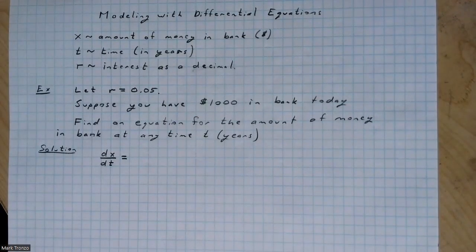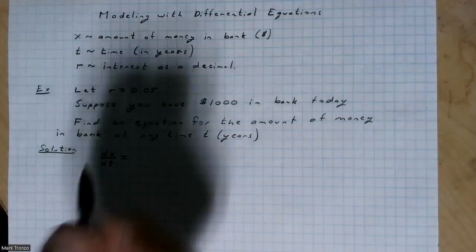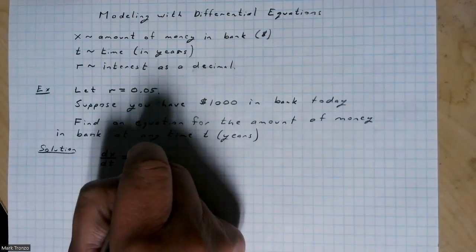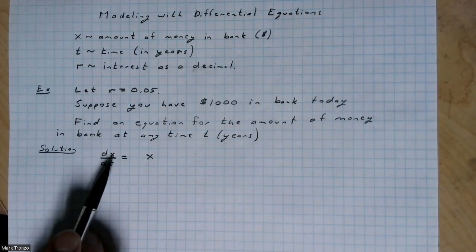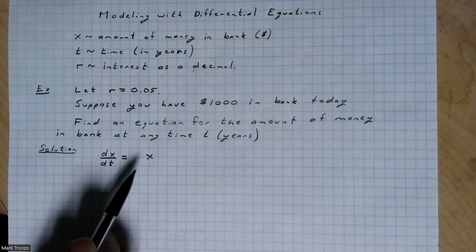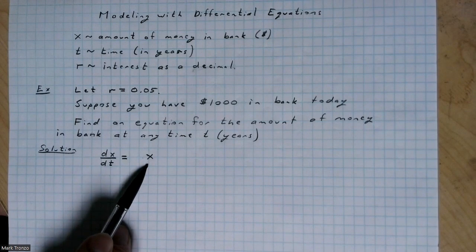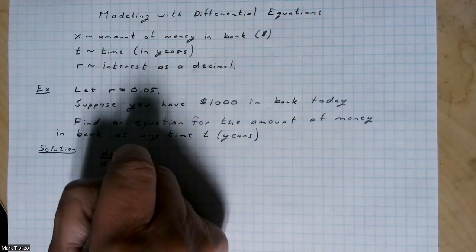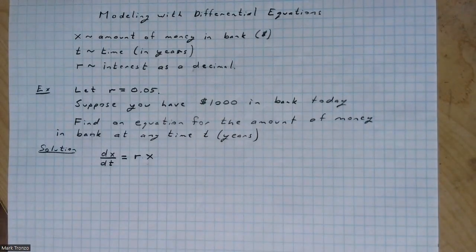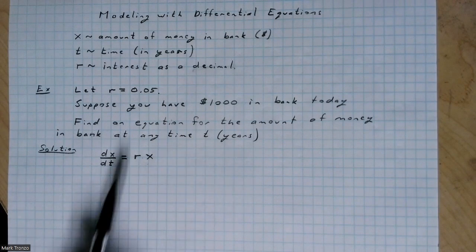Now we can make a real simple relation. If you have X amount of money in the bank at any given time, then the amount it's going to change per year will be whatever's in there times the interest rate, R.